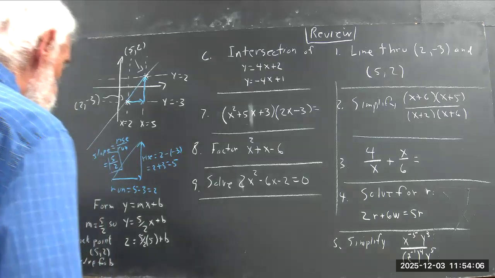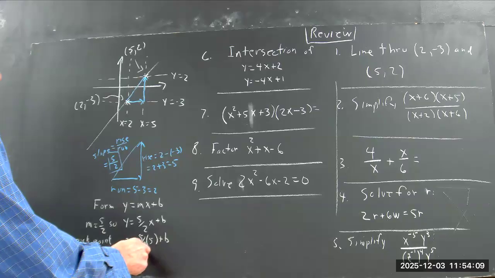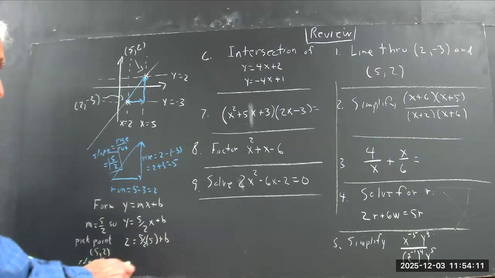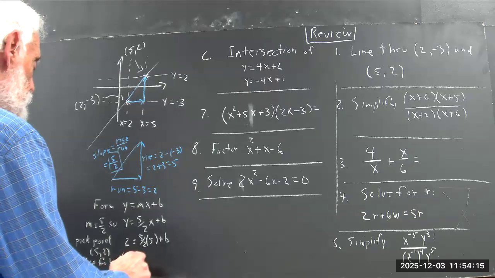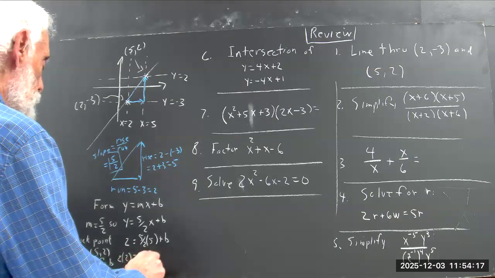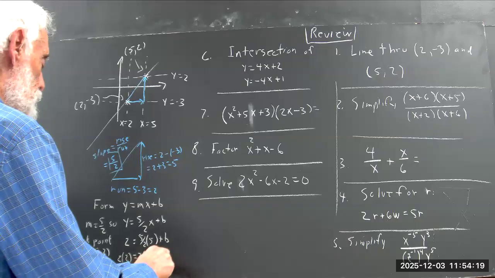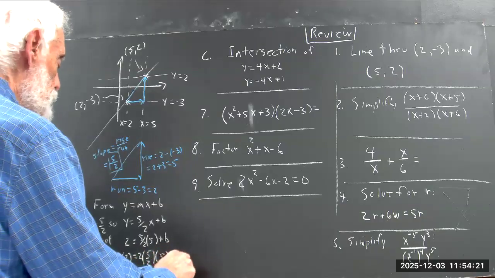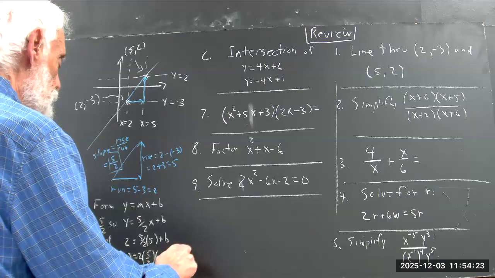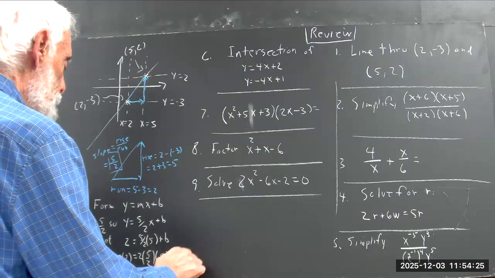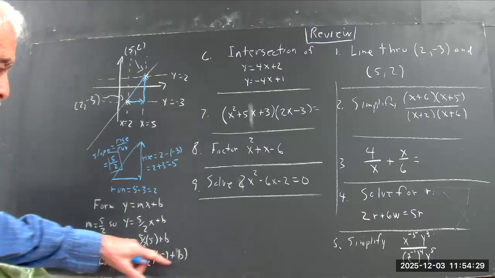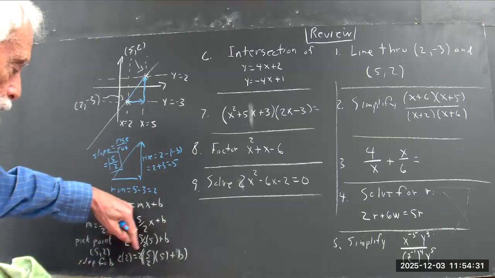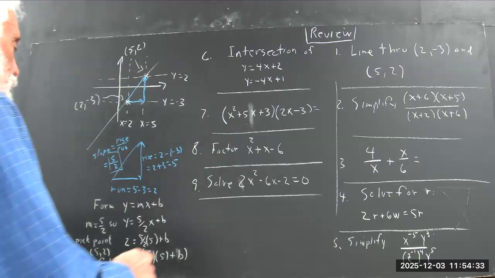Okay. Well, we have a denominator, 2. We're going to multiply the whole equation by 2. And I'll write it out like this: a parenthesis around the whole side and then multiply it by 2.